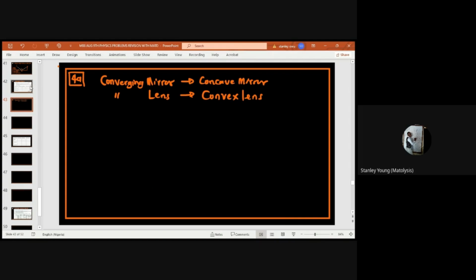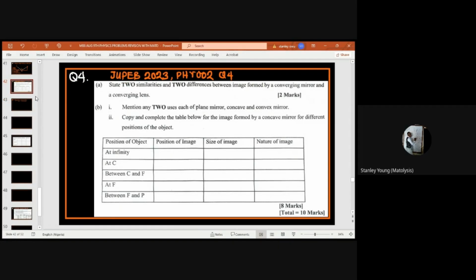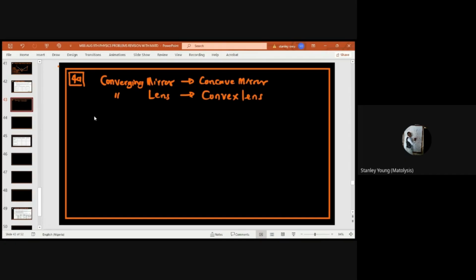So going back to the question, it wants us to provide two similarities between their images and also two differences between the images they form. So let's start with the similarities between a converging mirror and a converging lens. Both form real images.